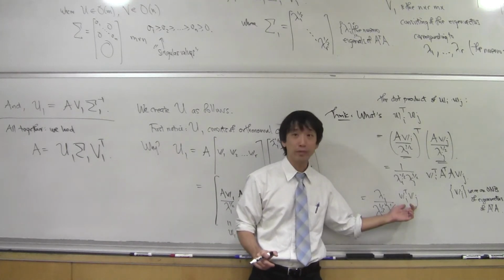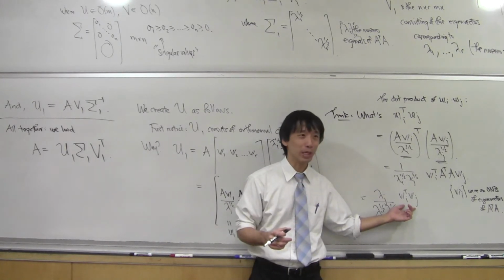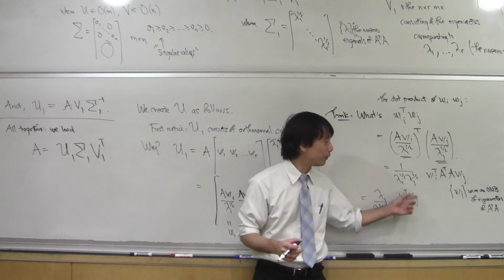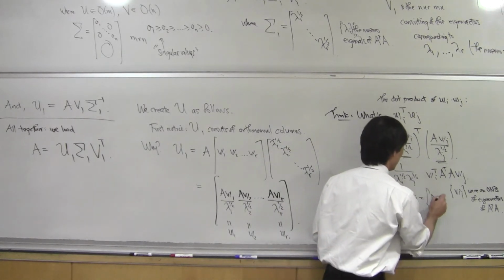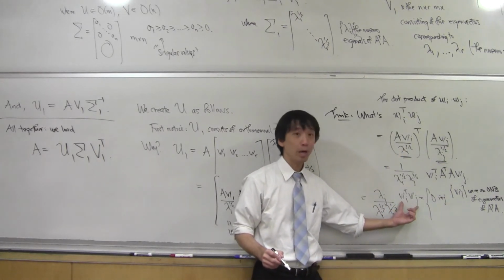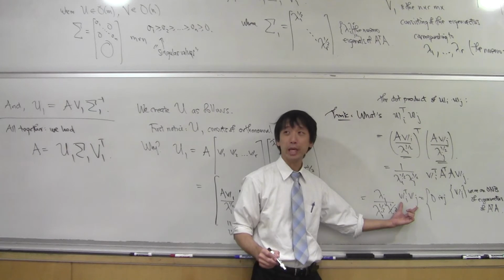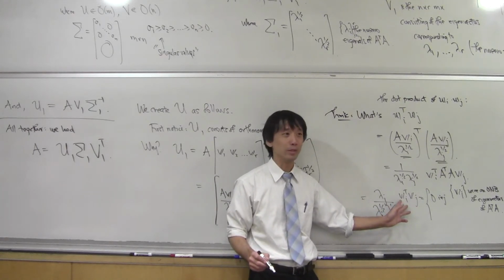Okay, but what's Vi transpose Vj? The product of Vi against Vj is equal to 0 if i is not equal to j, and it will be 1 if i equals j, because they form an orthonormal basis.